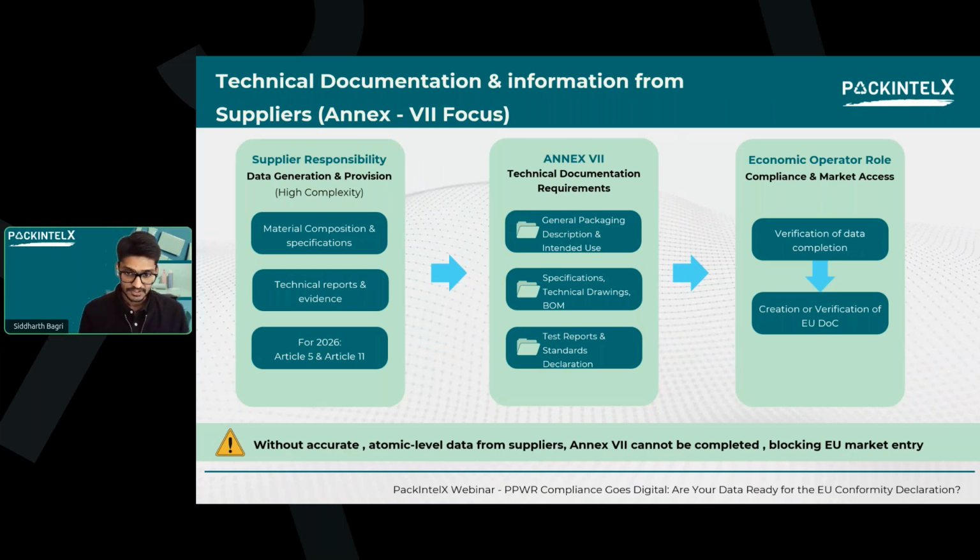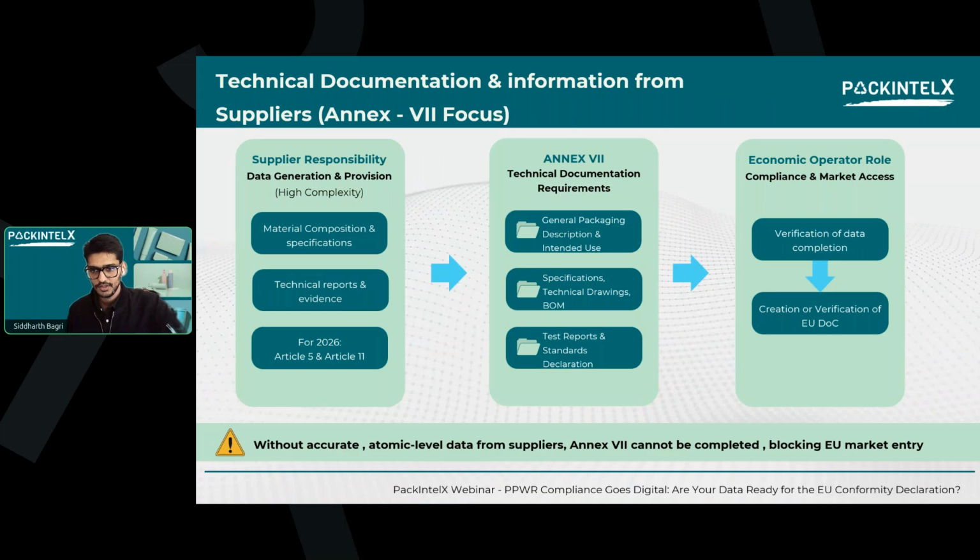Then the specifications, technical drawings, bill of materials is optional, test reports and standards. So how am I proving that I'm following certain articles? There need to be some test reports, and if I followed certain standards for lab testing, for manufacturing process testing, then those standards need to be declared.